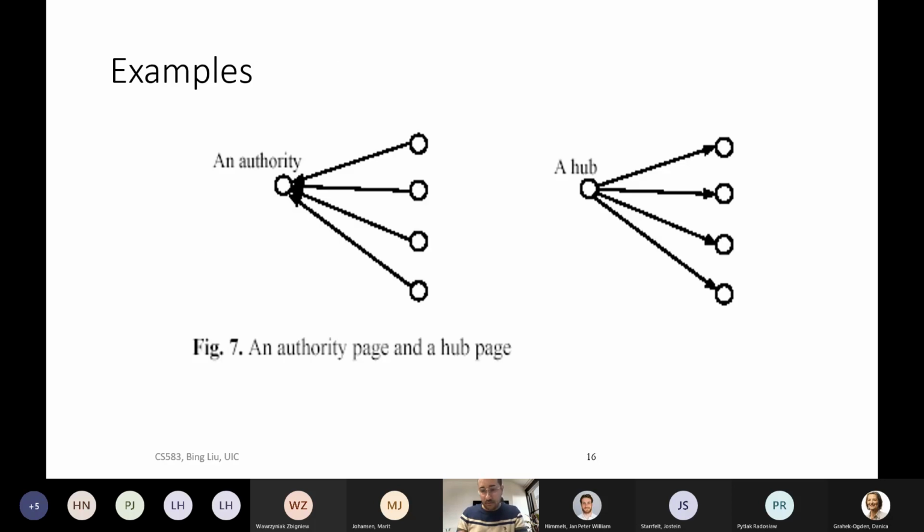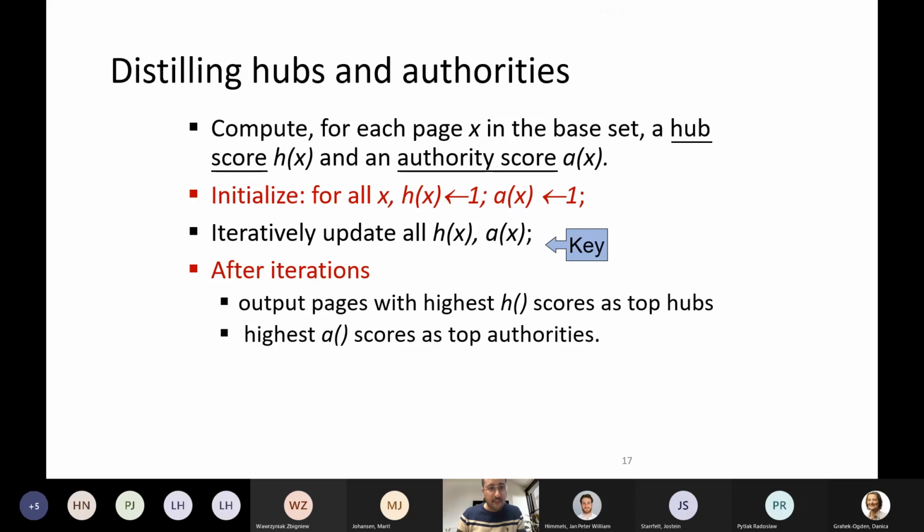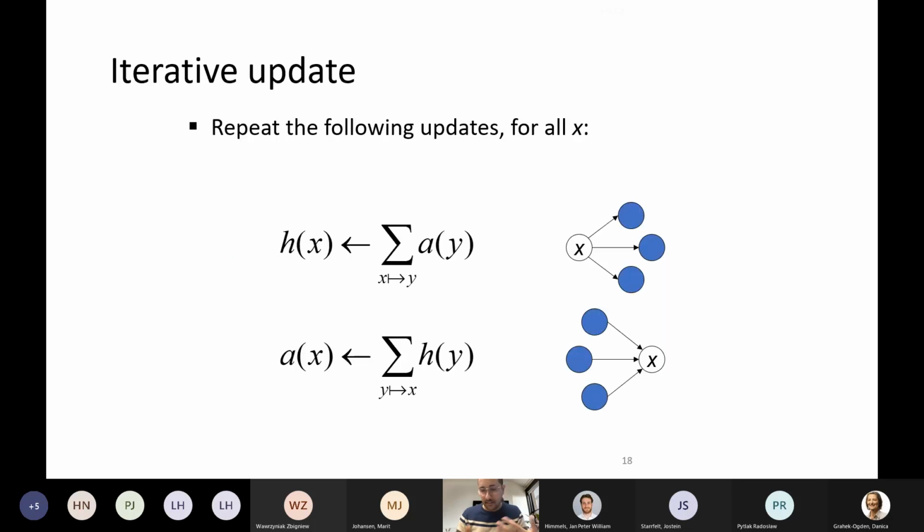So this is the figure. You have an authority, which means an article that is an authority in the field, so it's highly cited. A hub is an article that cites a lot. The idea is so simple. There is an algorithm that runs iteratively.